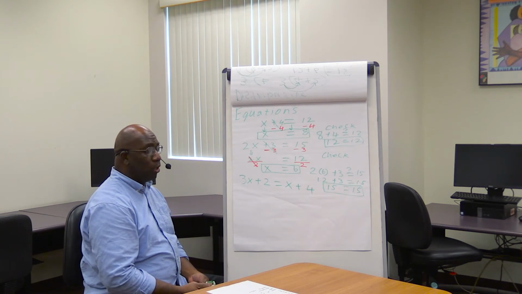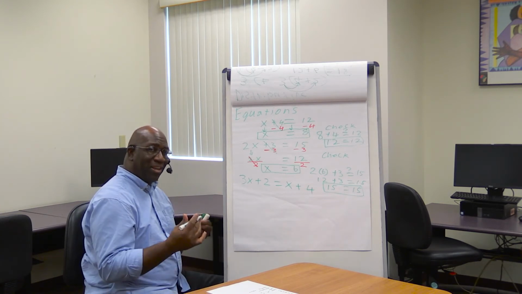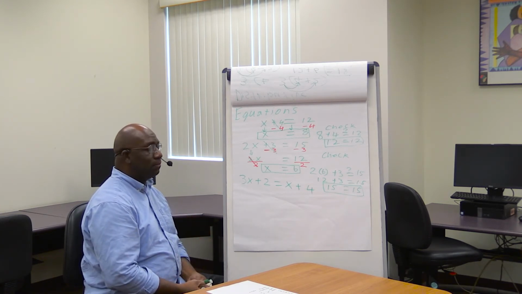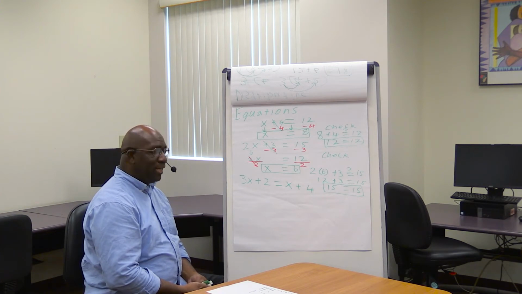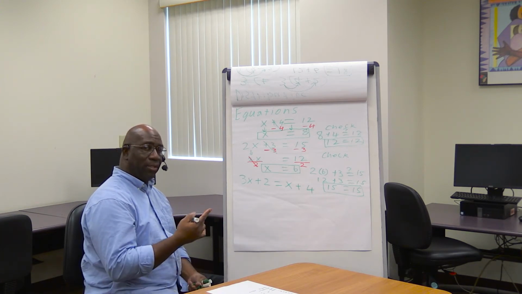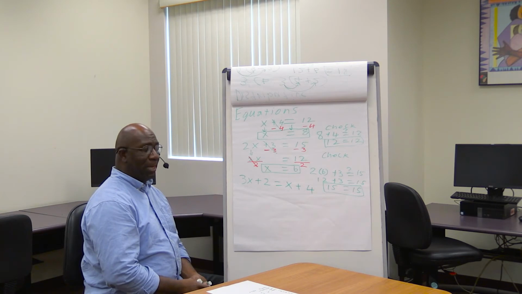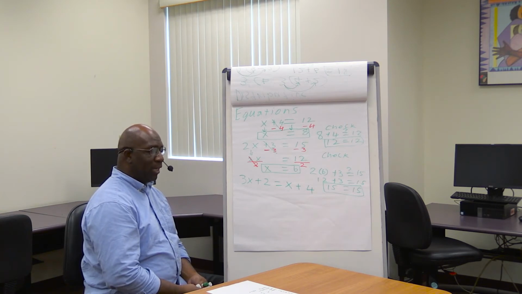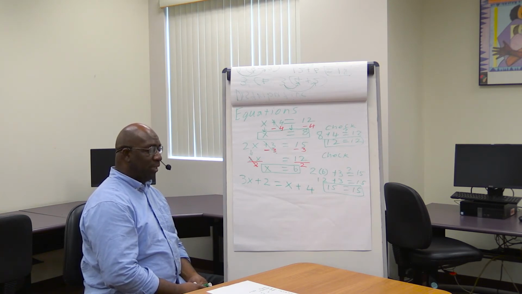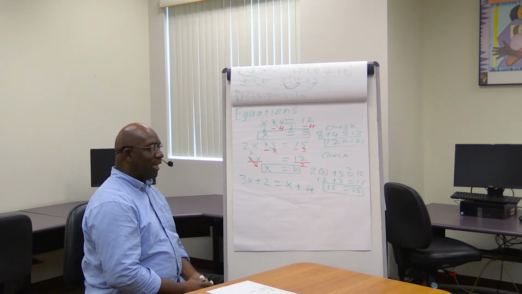So I have to now find a way to consolidate my x's. I consolidate my x's by consulting my properties of numbers, and I'm now going to use something that would get rid of my x.